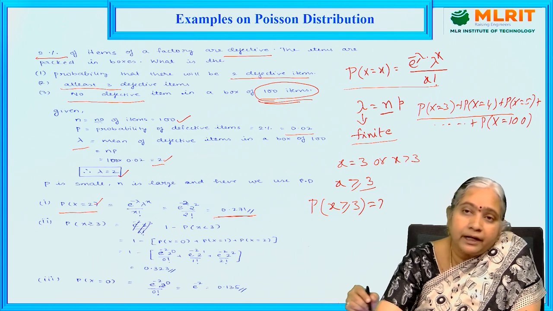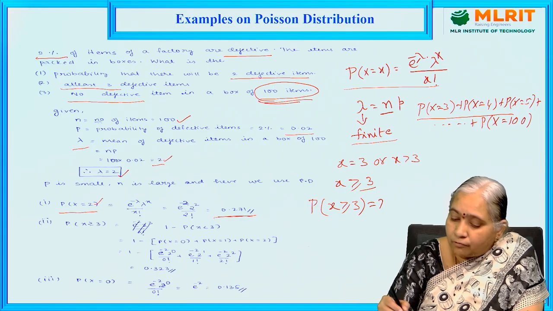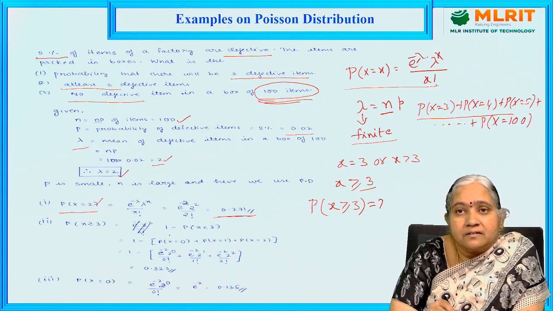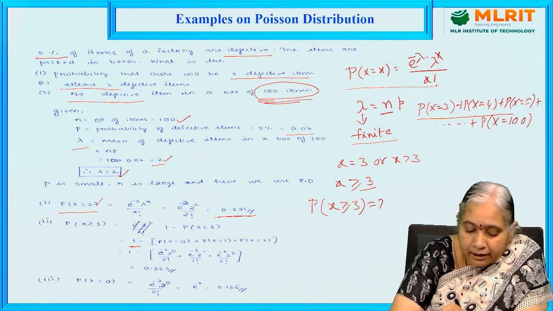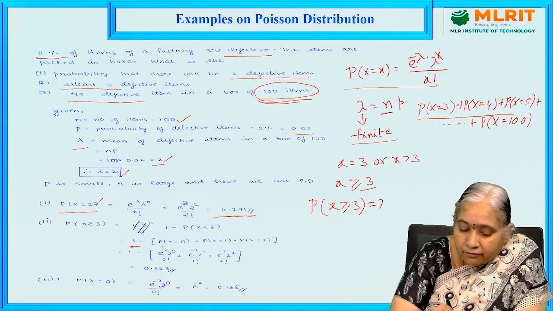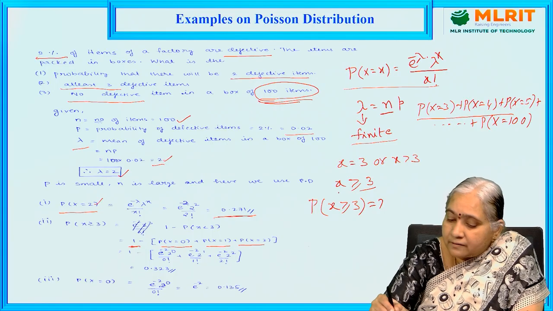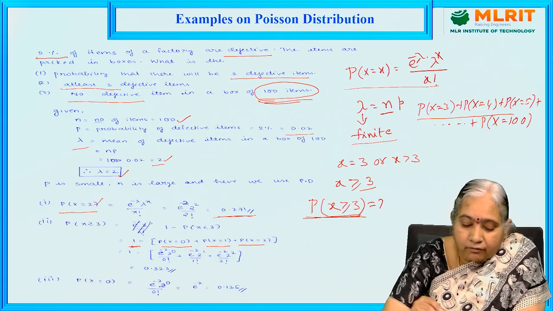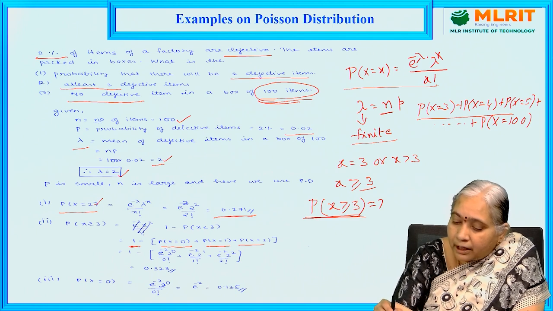Instead of finding all these probabilities, we take the total probability as 1, and subtract the values of x that are missing. In this probability, the only x values missing are 0, 1, 2.